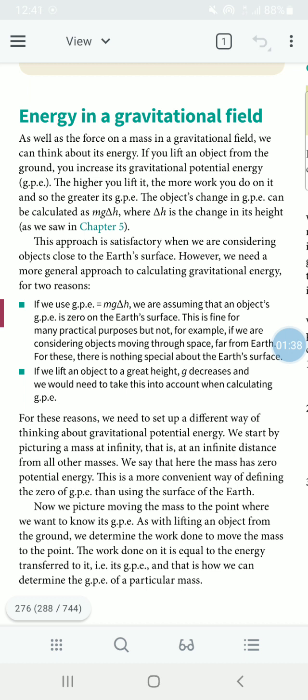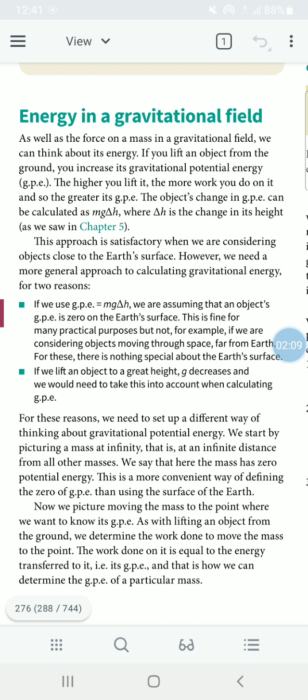This approach is satisfactory when we are considering objects close to the surface. But when you go further up into the sky, the value of g decreases.